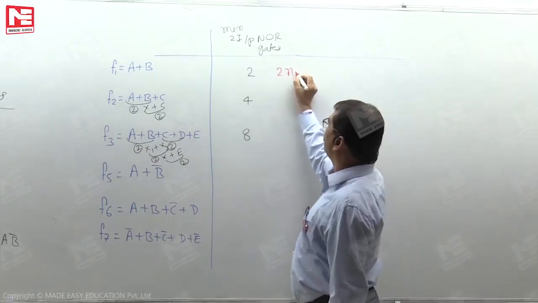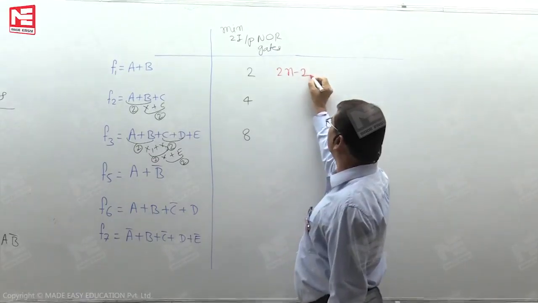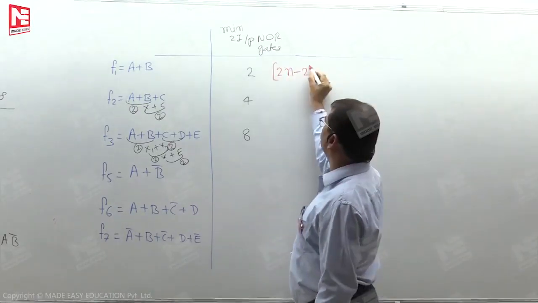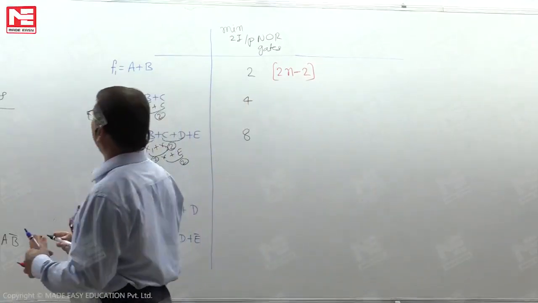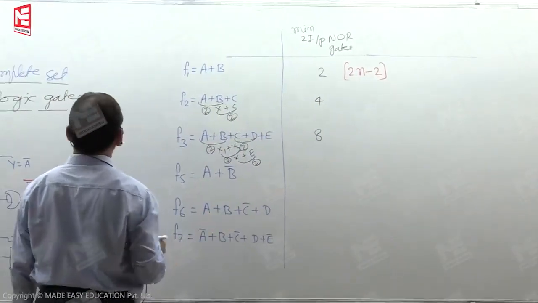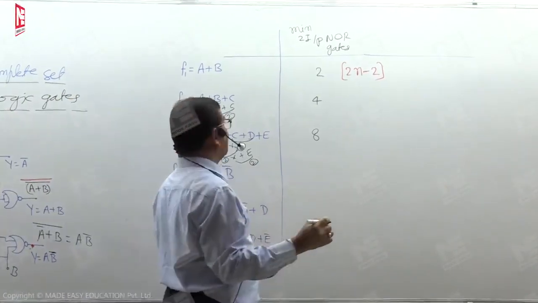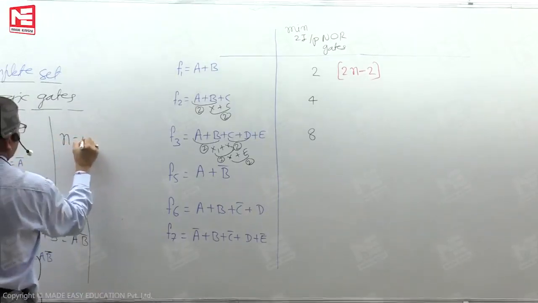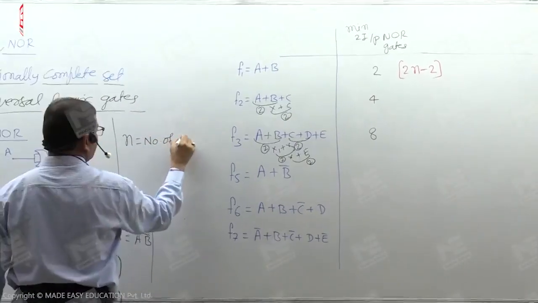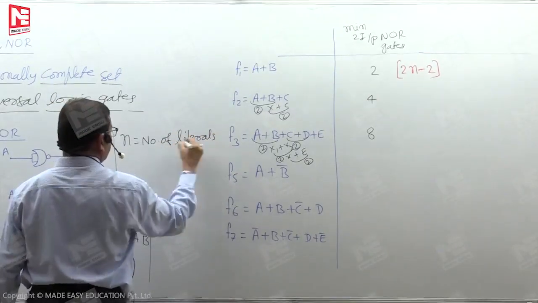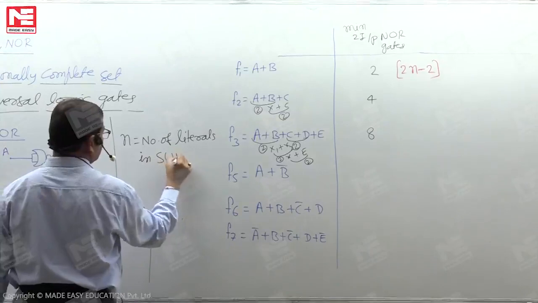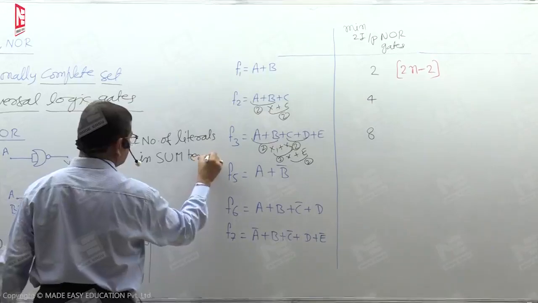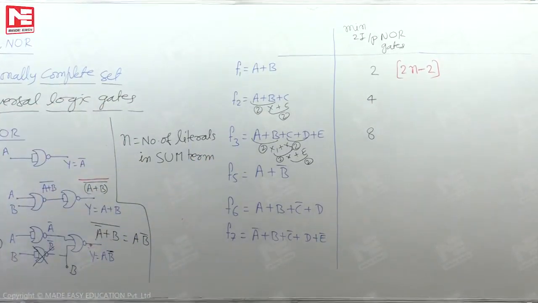The formula we are using here is 2n minus 2, where n is the number of literals in the sum term. Earlier it was product term, now it is sum term.